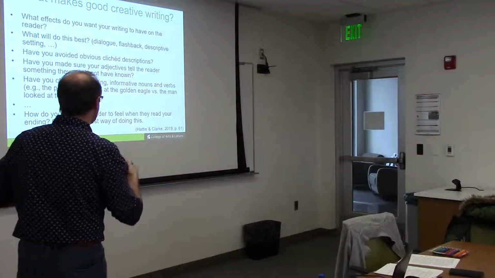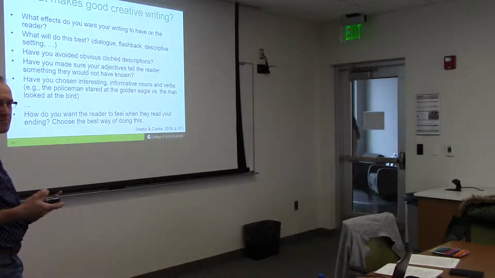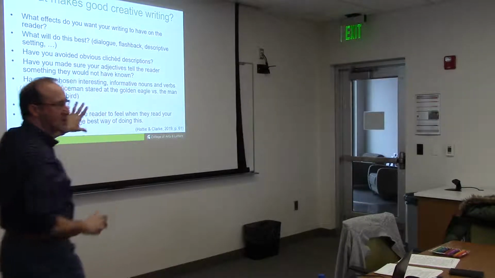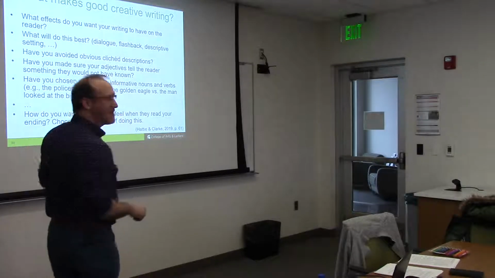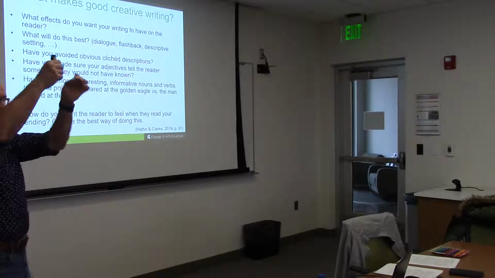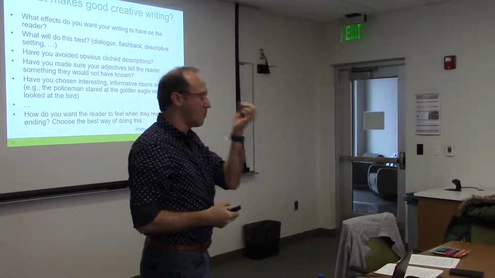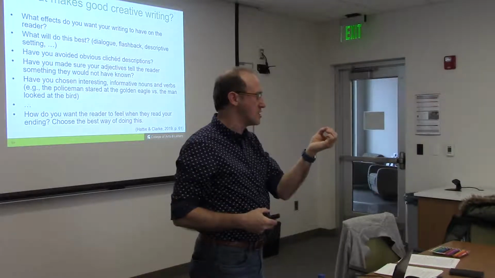They have a couple more. And how do you want the reader to feel when they read your ending? Choose the best way of doing so. And I'm not married to these criteria. They don't really matter a lot. I just wanted to show you some examples because I think you can combine content there, or in general, what kind of effect? What do you want your writing to be about?